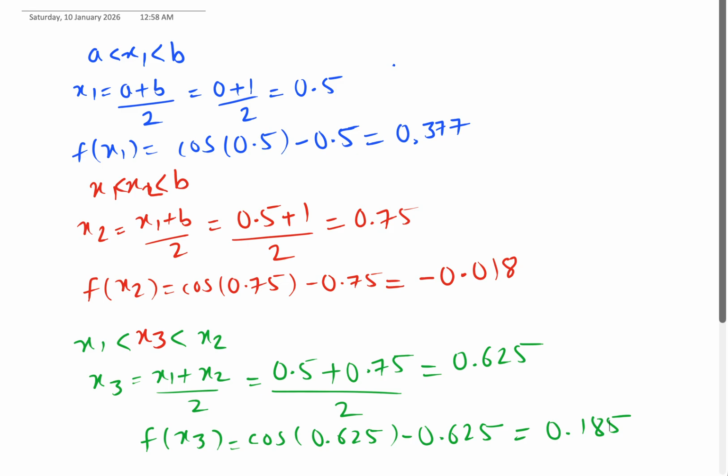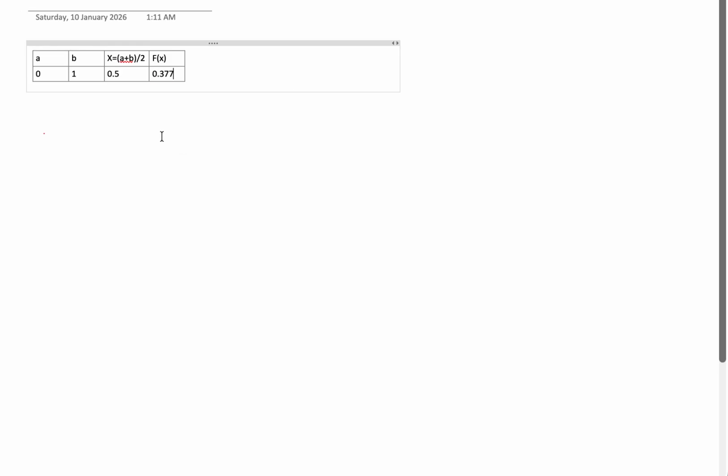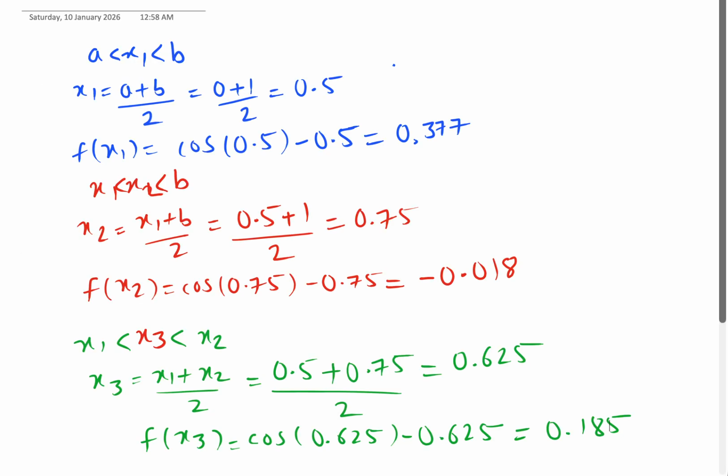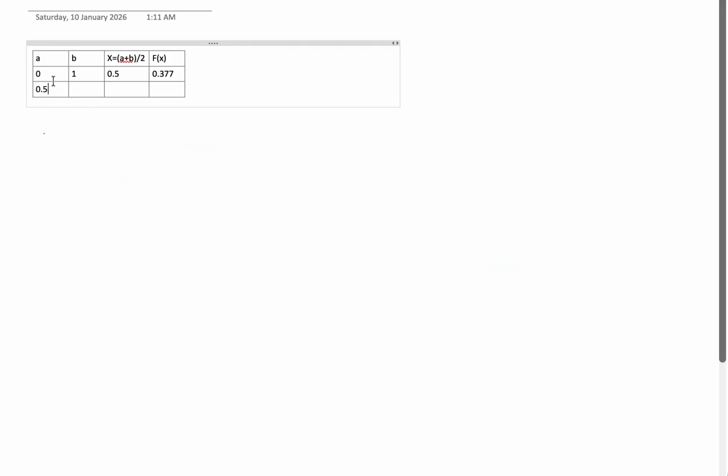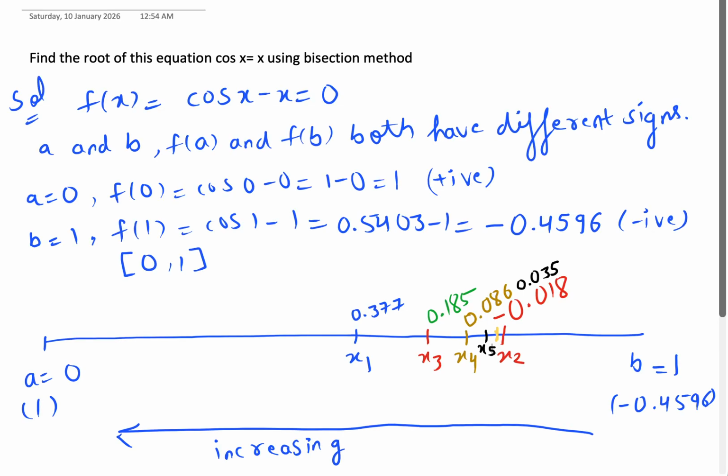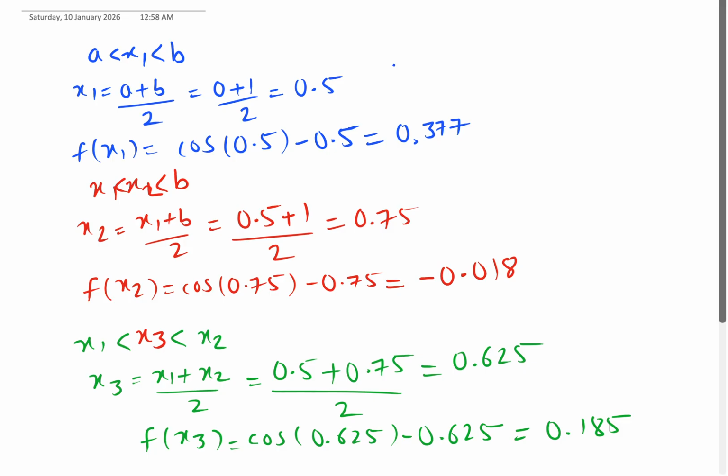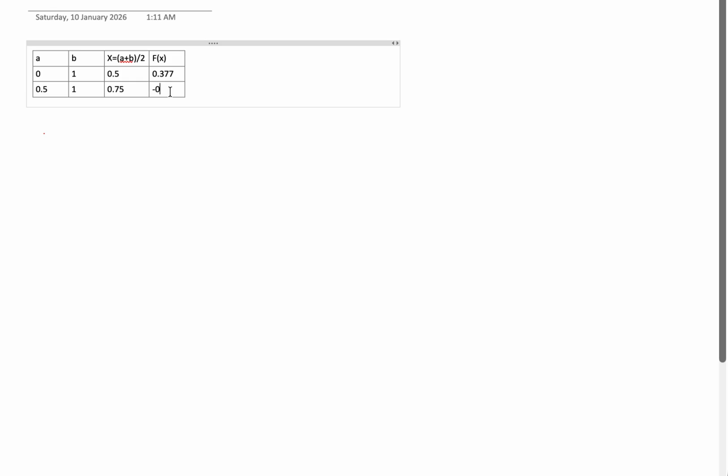Okay, or I'll write it like using tab itself. 0, 1, 0.5, and this was 0.377. After then 0.5, 0.75, 0.625, and this was negative 0.018.